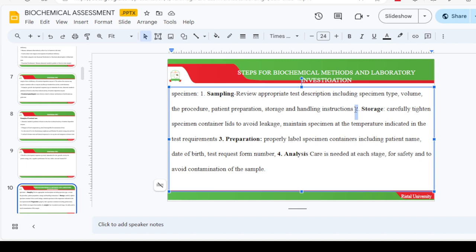So these are basically the steps that are followed during this process of biochemical assessment.